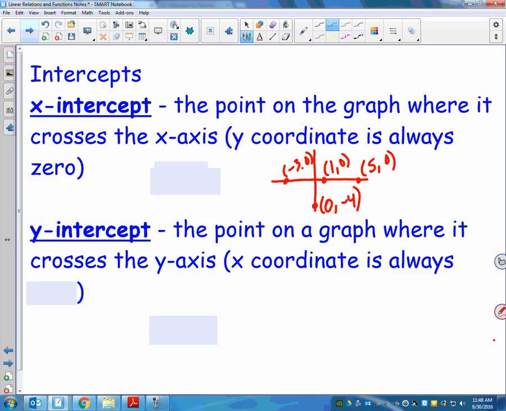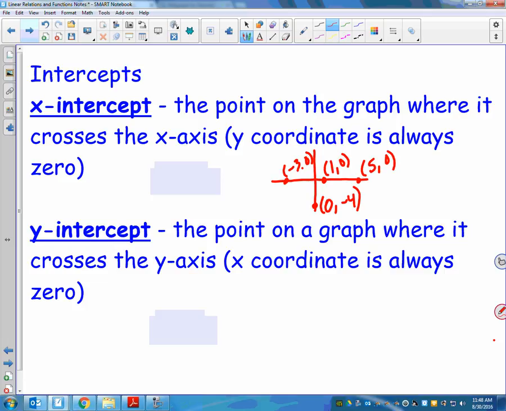Like 0, 1, 0, 2, 0, 3, 0, 7. So to find the y-intercept, all you have to do is make the x equal to 0. So intercepts, we get so hung up on slope-intercept form of the graph. We forget that finding intercepts, graphing using intercepts, is a really quick way to sketch a linear graph.